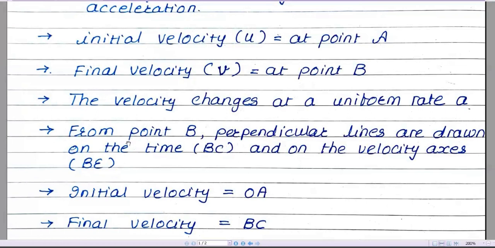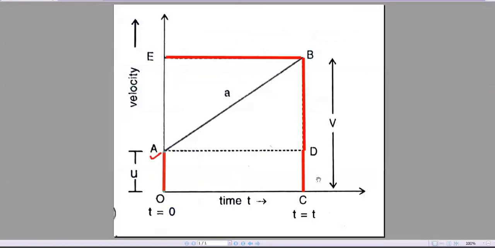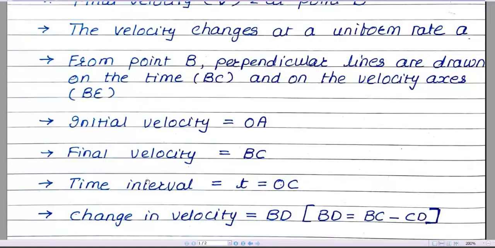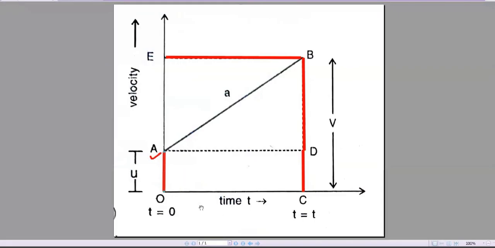Then we drew perpendicular lines on time axis and on velocity axis. On time axis, it is BC, and on velocity axis, it is BE. And all these things are happening in the time interval t, that is OC. So here, this OC is time interval.